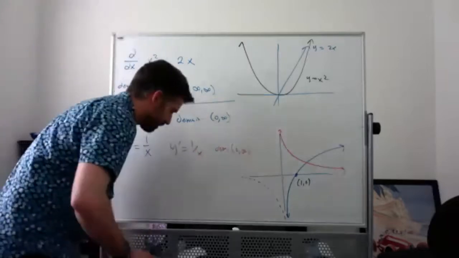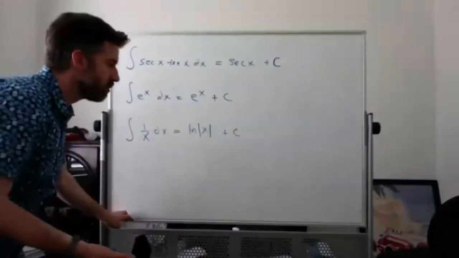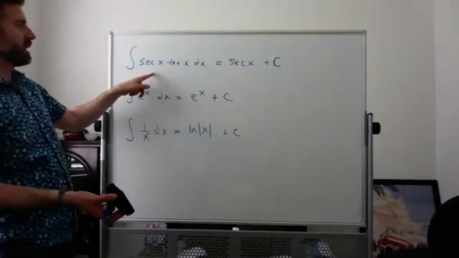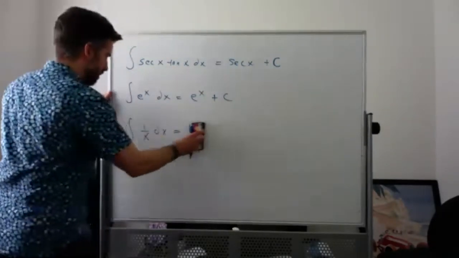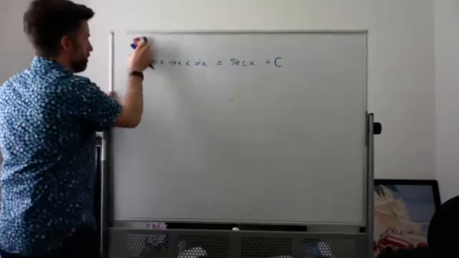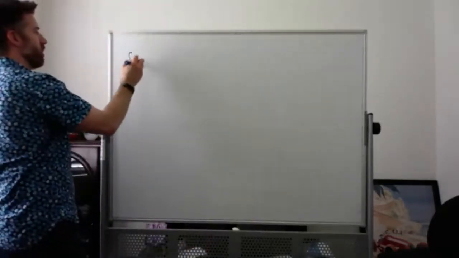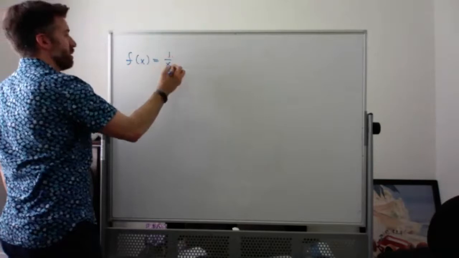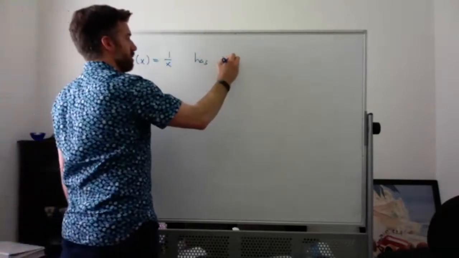Now, here's the problem. So again, here's the integral of secant x tangent x dx equals secant x plus c, in case this wasn't clear. F of x equal to 1 over x normally has the domain everything but 0.